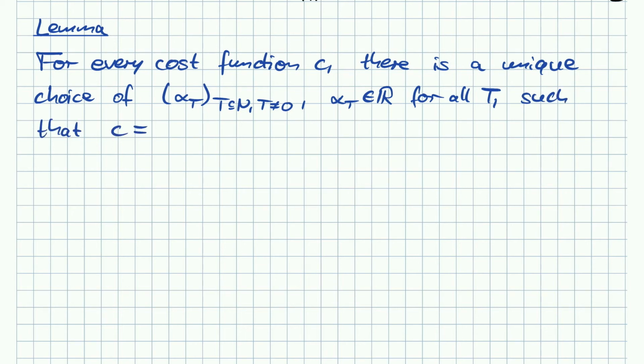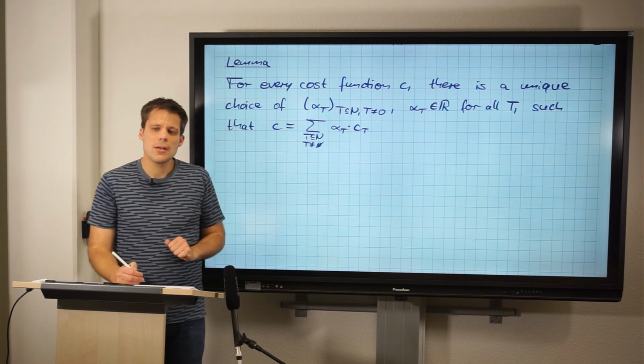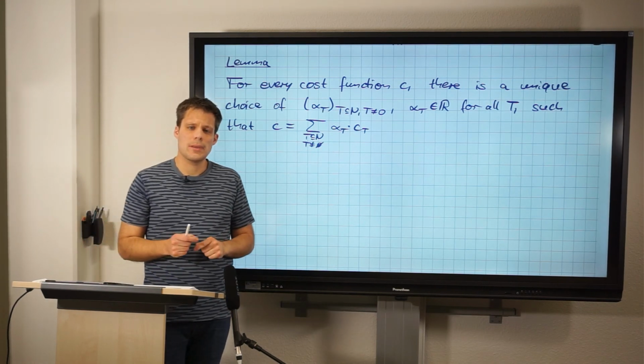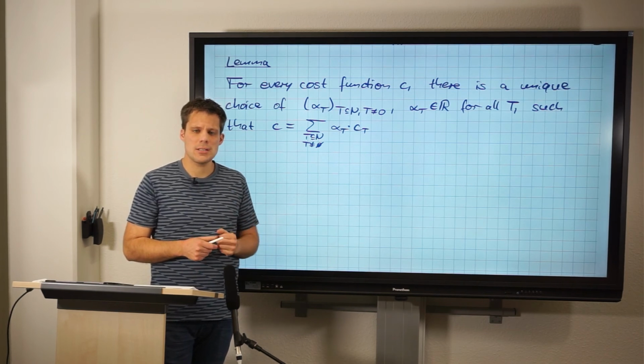C can be written as the following: take the sum over all alpha t times Ct. Ct, those are again the functions for which the cost is 1 if all of t is contained and it is 0 otherwise.